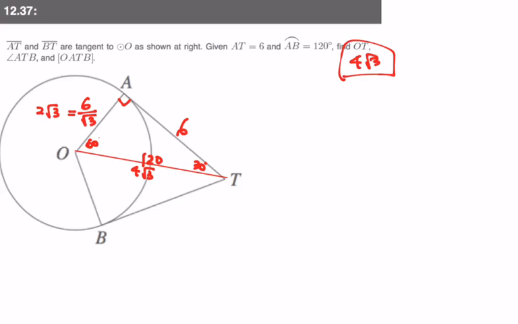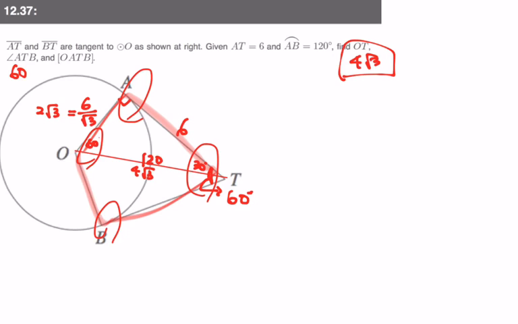How about angle ATB? Because this is 90 and this is 90 and that was 120, we realize that the measure of the angle must be equal to 60, which is double of 30 anyway. And they want us to find the area of OATB, the quadrilateral that goes around it.